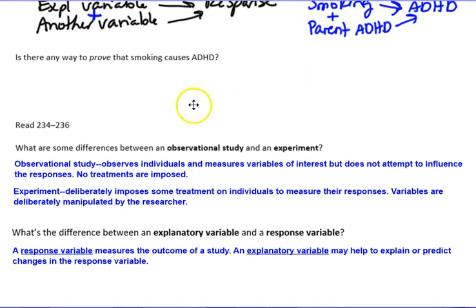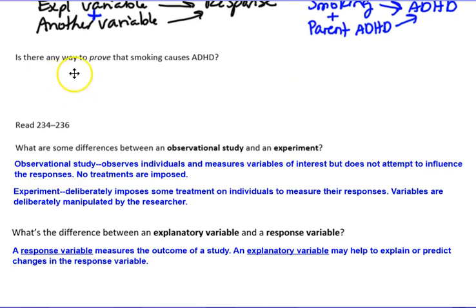Would we take a group of volunteers, divide them into two random groups, and say one group has to smoke cigarettes, get pregnant, have a baby, and another group doesn't smoke cigarettes, get pregnant, have a baby, and then we look at how your child turns out. Obviously, that's ridiculous and unethical.